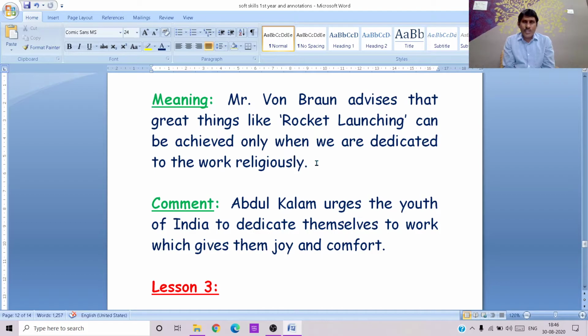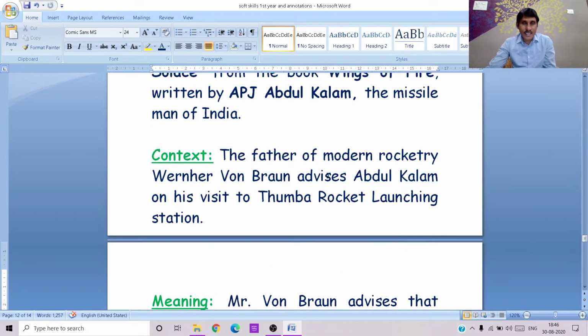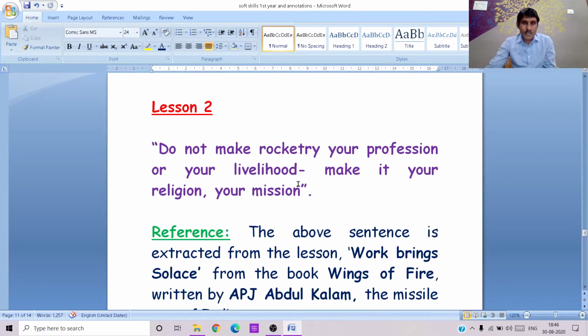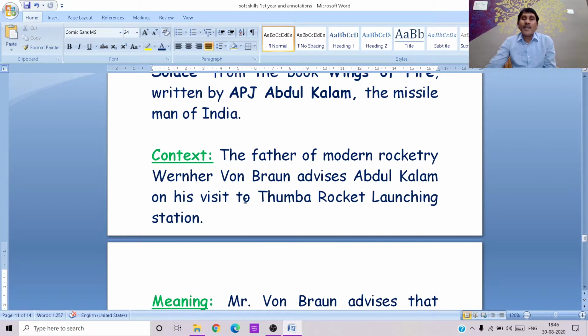So just being professional does not work. You should not look at the work as your livelihood. You should look at the work as your religion. Then only you will succeed. Don't look at the work you have undertaken as some livelihood or profession. It should be looked upon like a mission. It should be your life's mission.